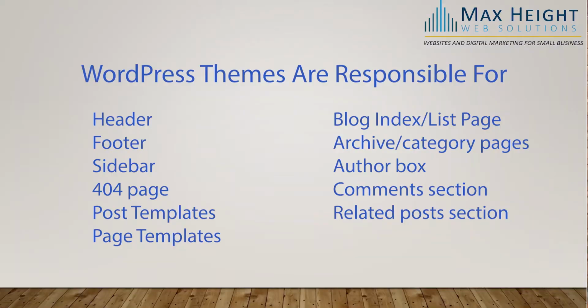First of all, Thrive Theme Builder is the editing tool for the theme of your website. That is the wrapper of your website. What you need to understand about how WordPress themes work is the theme controls the header, the footer, the sidebar, the 404 page, all of your post index pages.